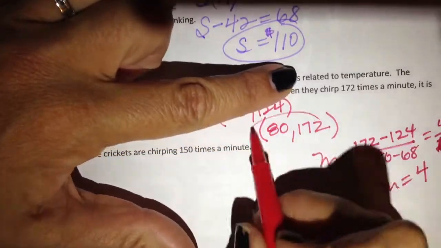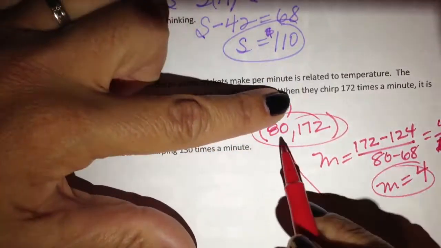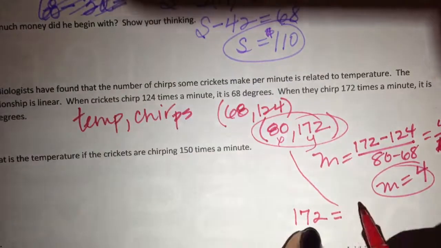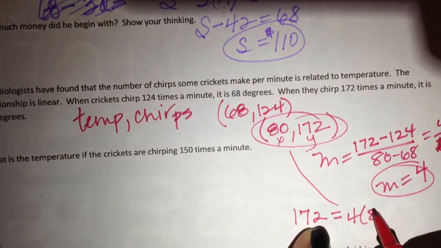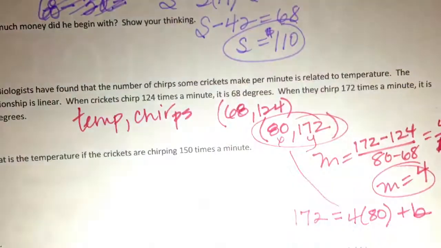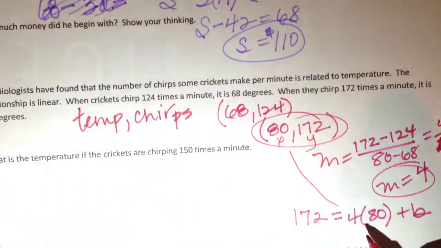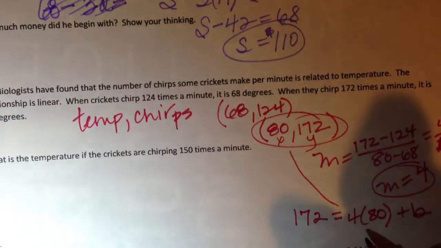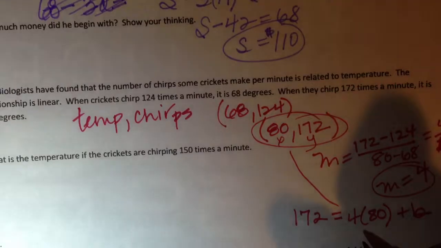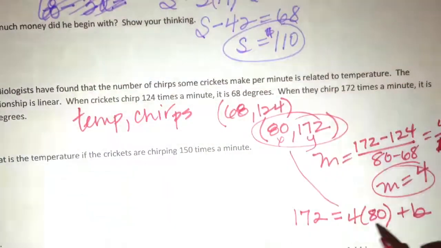I'm going to actually solve for b by using the slope and this point x and y. 172 y equals 4 times this x plus the unknown start. 4 times 80 is going to give me 320. And when I take 172 minus 320, well, this is an interesting one.